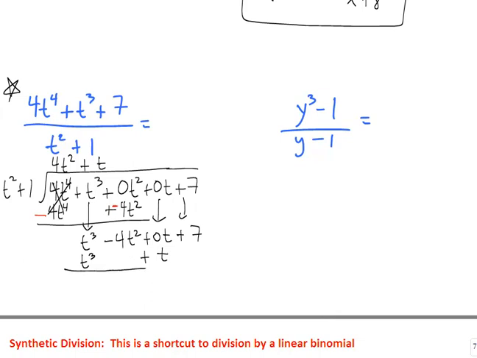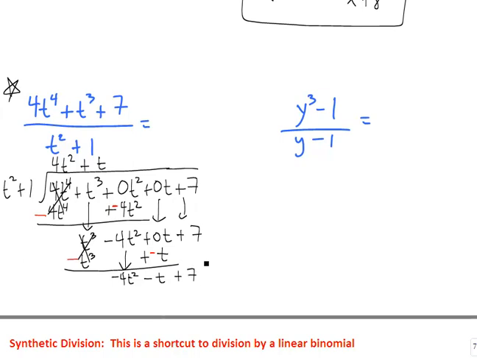Draw my line, change my signs. The t cubes cancel out. I never used this negative 4t squared, so bring it down, it's still there. 0 minus a t is going to stay minus t, and I still have my plus 7 to use.